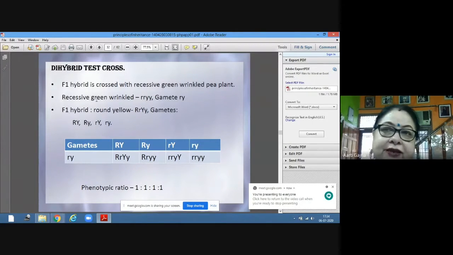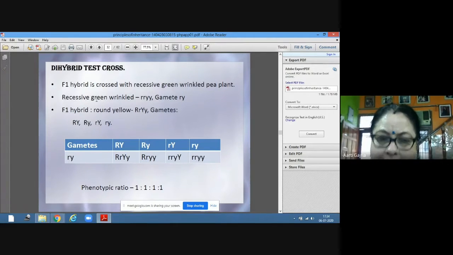Any two traits can be taken. Here the example we are taking is round yellow and wrinkled and green. Round is dominant over wrinkled. That's why round we are denoting by capital R and wrinkled we are denoting by small r.